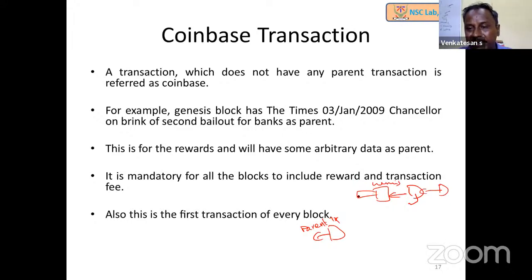So similarly, when a new coin is introduced, a transaction is created. This is the input part and this is the output part. The output part says that the coin, that is the reward, is going to a particular account.